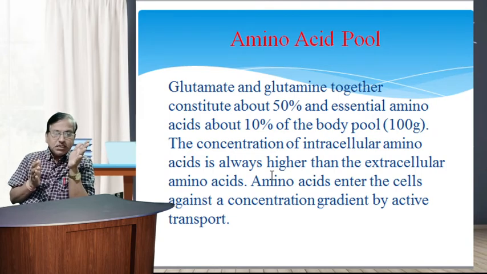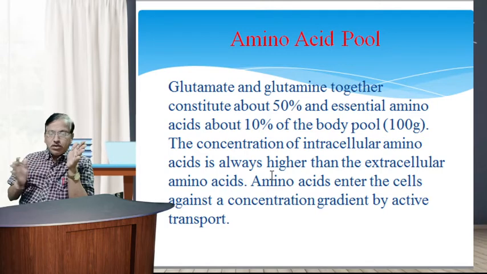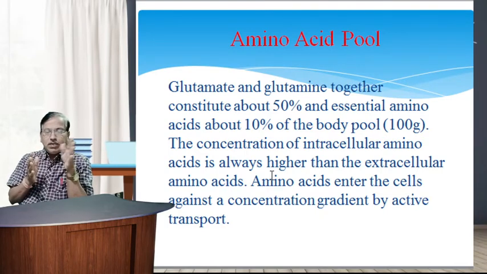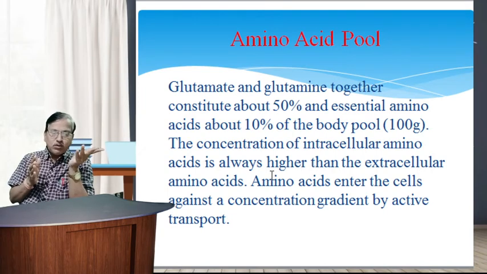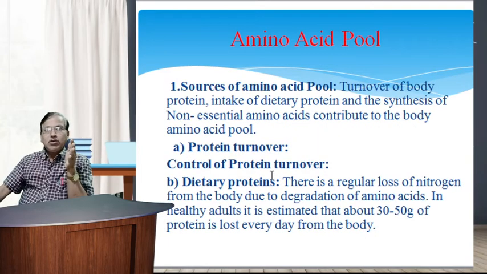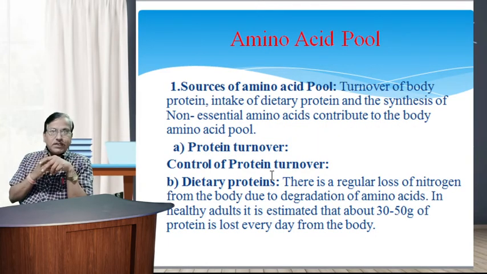The amino acid pool is maintained by the sources that contribute input and the metabolic pathways that utilize output. These are described below. There are two stages taking place in the amino acid pool.